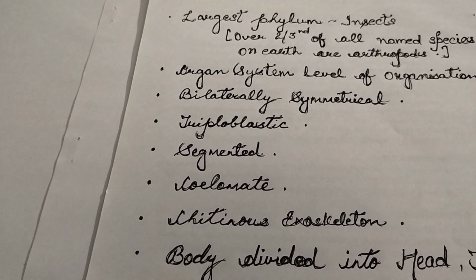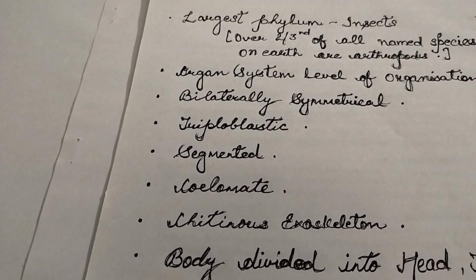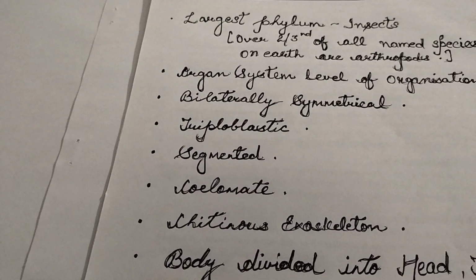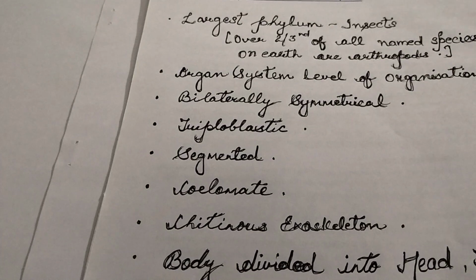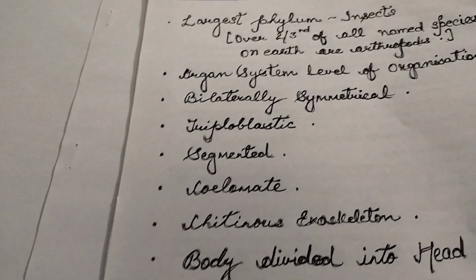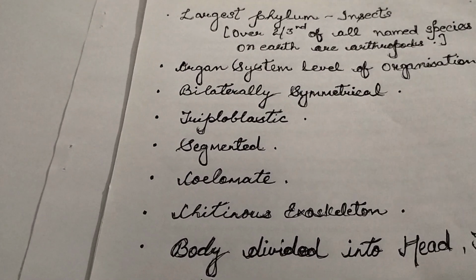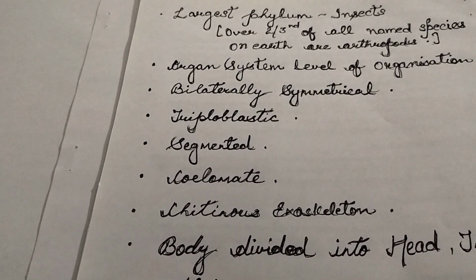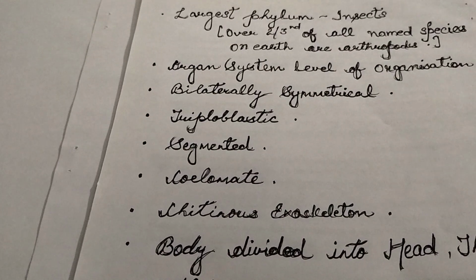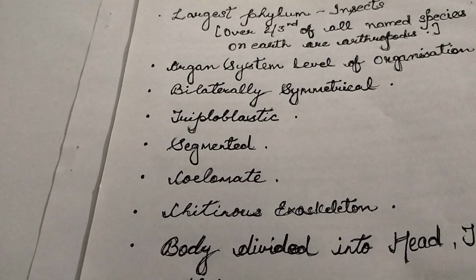And the specific character of arthropods, chitinous exoskeleton is present. Exo means outer, skeleton means the structure of the body which protects it from the outer side. So this exoskeleton in arthropods is made up of chitin. So we can say chitinous exoskeleton is present.